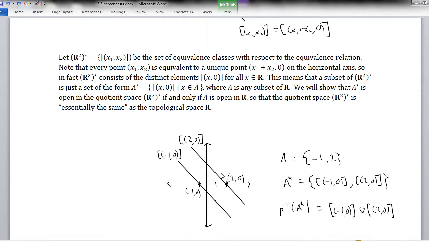And each of those equivalence classes is a line, so A star is a 2-element set, and those 2 elements are this subset of R2 and this subset of R2. Okay. You can ignore this P inverse of A star for a moment.